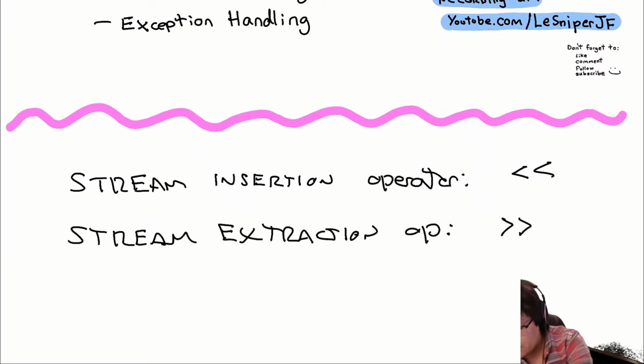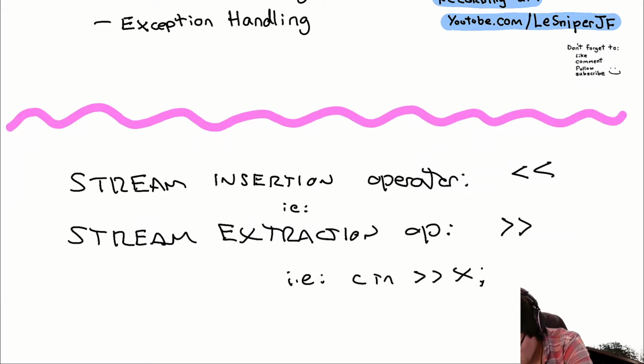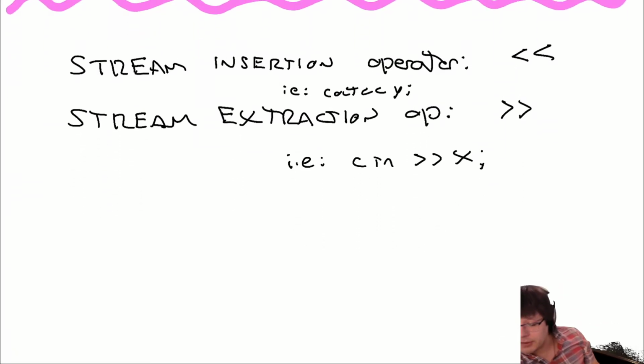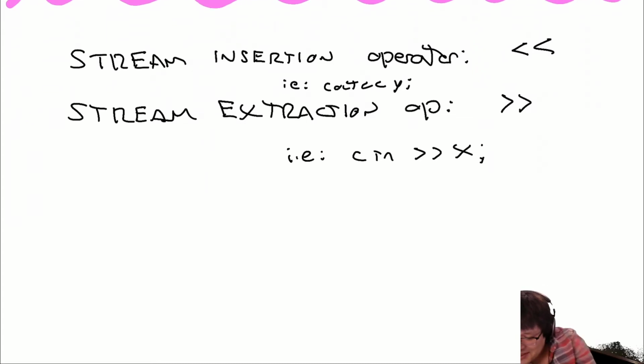An example of that would be cin >> x. And this one would be cout << y. Okay? So don't be like me, don't get them mixed up. I should probably put that on the test so you guys remember it. I'm sure that was probably in your 1 through 5 test.